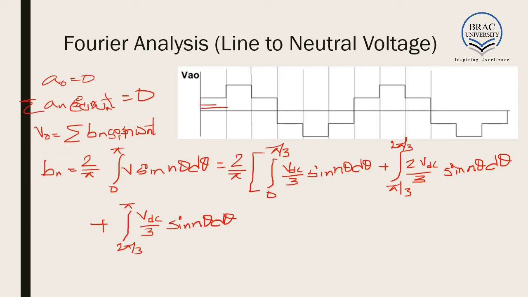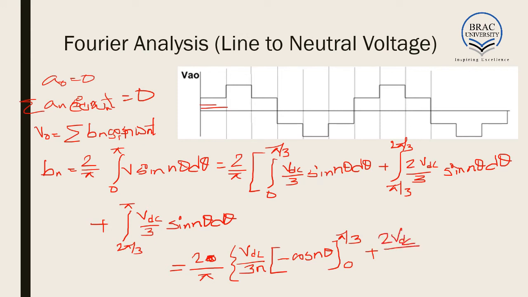So again this can be written as 2 by pi, open the bracket, VDC by 3n times minus cos n theta from 0 to pi by 3, plus 2 VDC by 3n times minus cos n theta from pi by 3 to 2 pi by 3, plus VDC by 3n times minus cos n theta from 2 pi by 3 to pi.